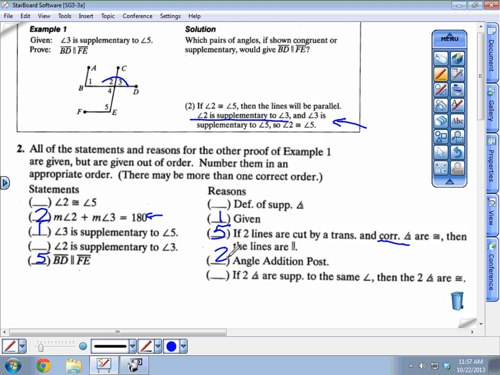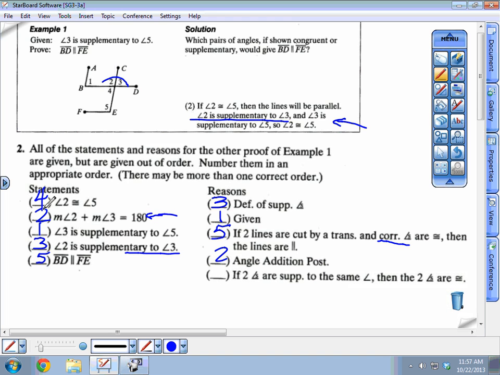Okay, so the next thing we can say is, obviously, if this is true, then this one right down here must be true, because that's just the definition, isn't it, of supplementary angles. And lo and behold, we only have one left, so that must be number 4, right?